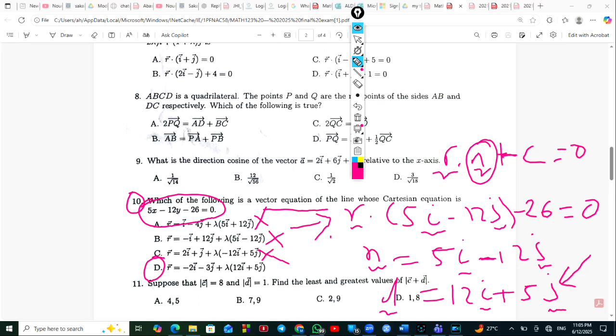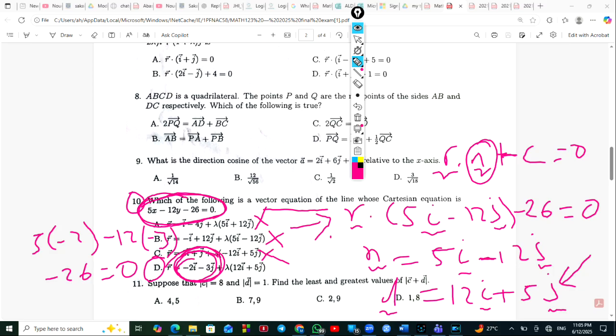And if you want, you can take the point minus 2i minus 3j and see whether it satisfies this equation. At x equal to minus 2, you have 5 multiplying negative 2, minus 12 multiplying minus 3, minus 26, which should give you 0.